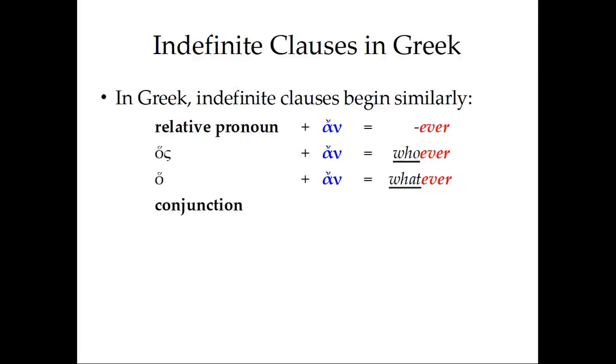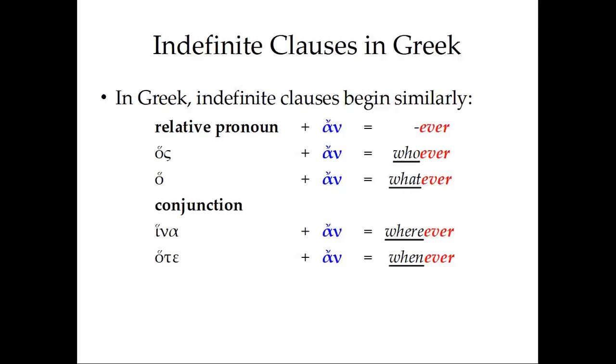We also see conjunctions with this little particle an. For instance, hina an would be wherever. We saw that the conjunction hina can mean not only "so that" or "in order to," but can also on its own just mean "where." And with an, we would take it to mean wherever. Hote plus an would be whenever.